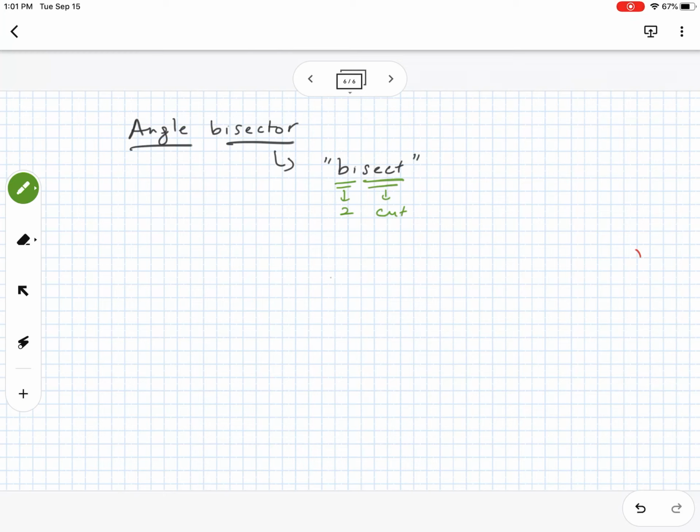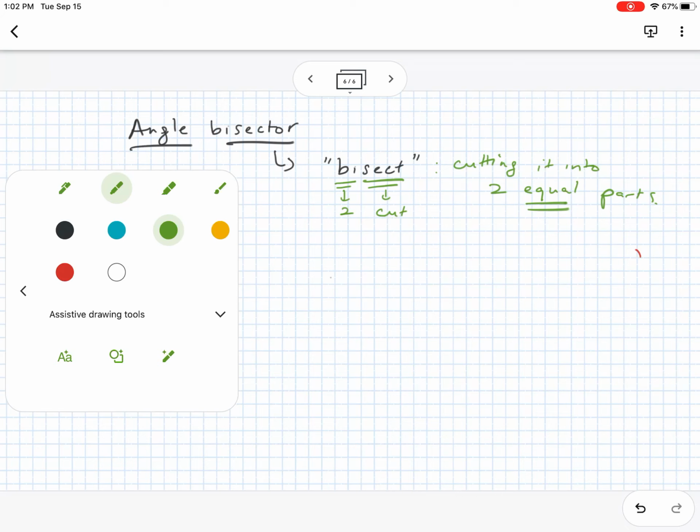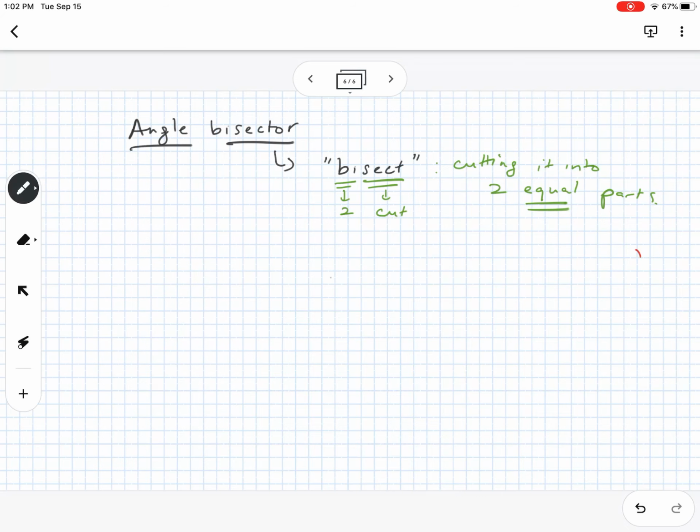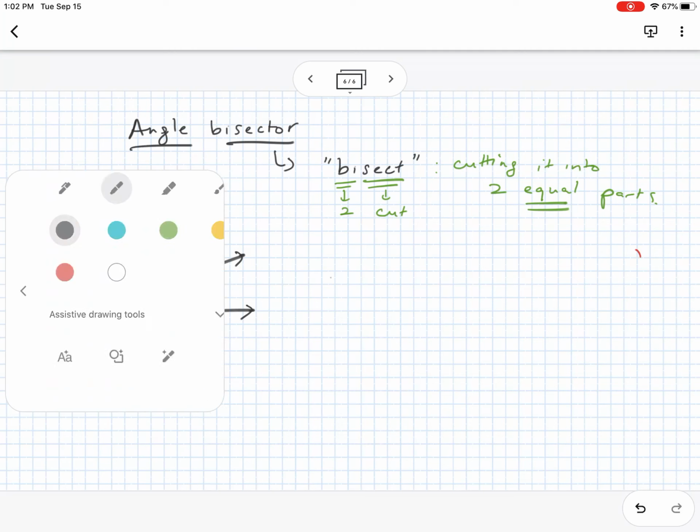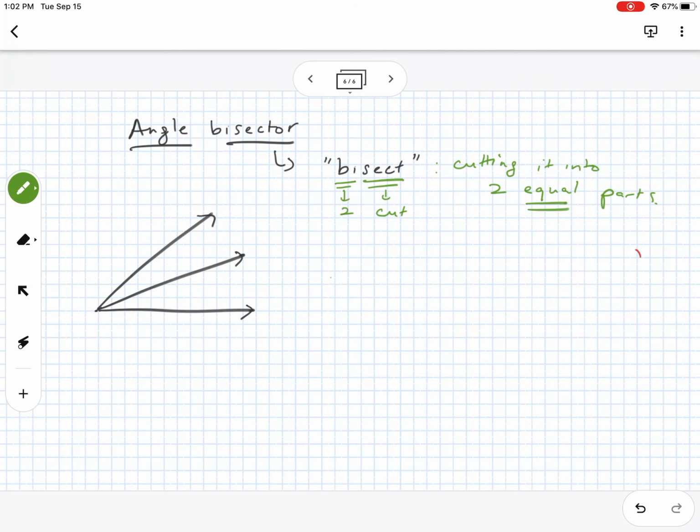So we're cutting it into two parts, but more specifically, this means that we're cutting it into two equal parts. So if we expand that to include the word angle, an angle bisector is one that cuts an angle into two equal parts.